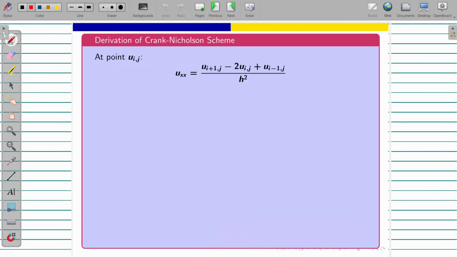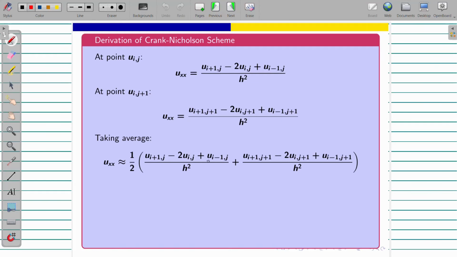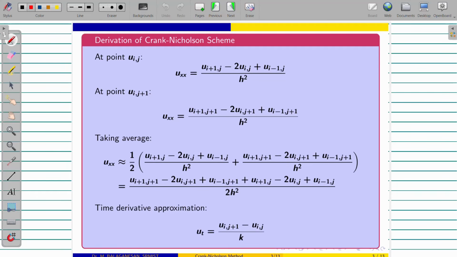At u i,j he is finding u double x, and at the point u i, j plus 1 he is also going to fix u double x. He is going to take the average of that, which is the only difference compared to the Bender-Schmidt method. Then he is getting this one. The equation will be like this.